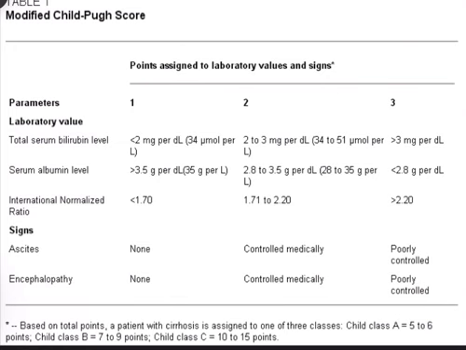Also, your albumin is less than 2.8. Then, the ratio is greater than 2.2. So, your ascites is poorly controlled and your encephalopathy is poorly controlled.